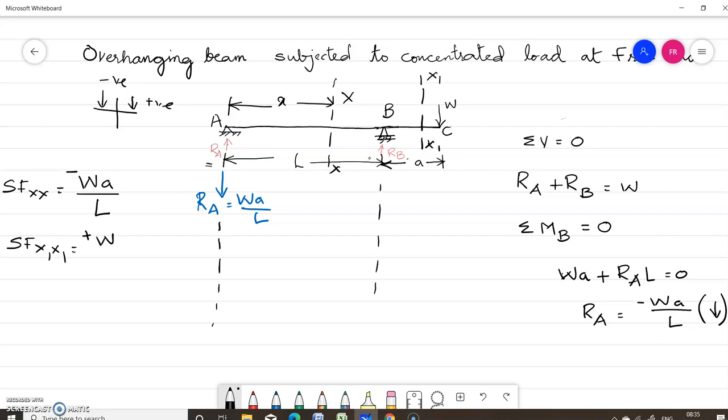So when we draw the shear force diagram, first we have to draw the center line of the beam.